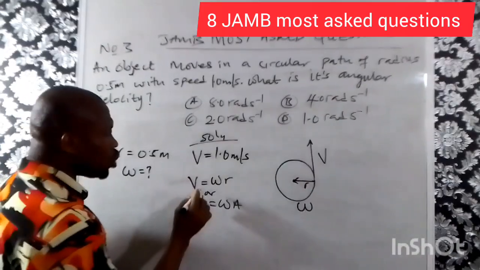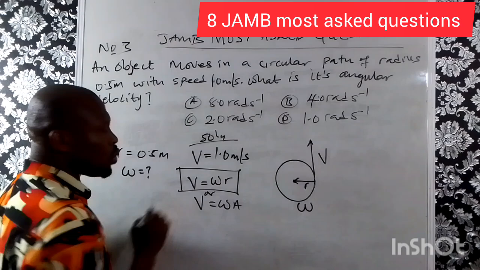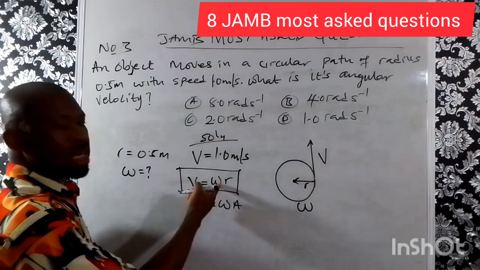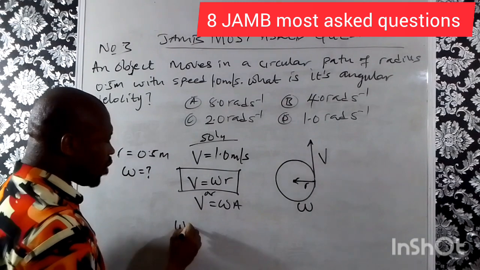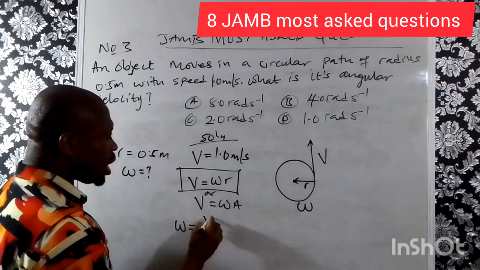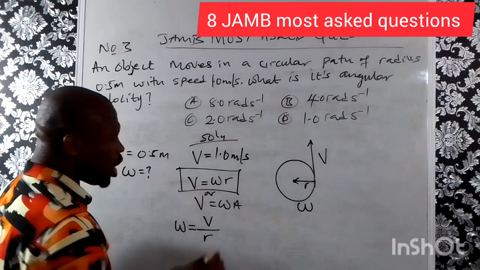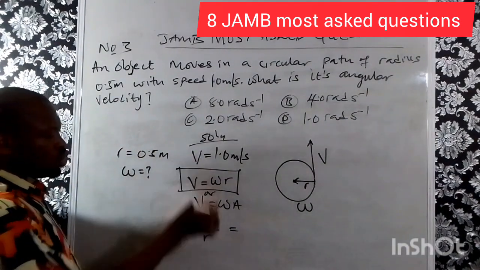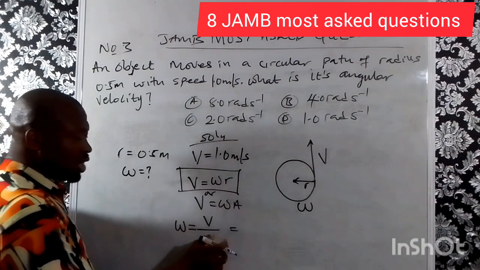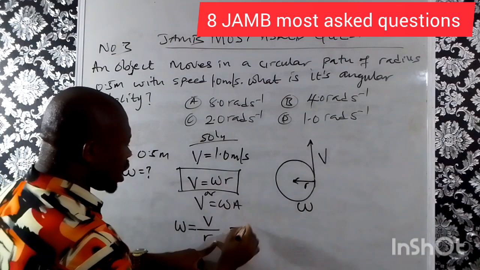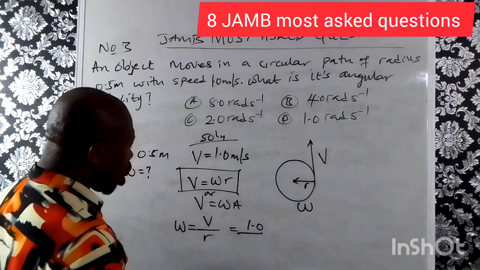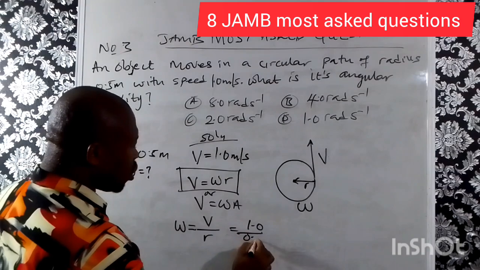So if we use this equation, we make angular velocity the subject. Therefore, angular velocity will give us linear velocity over the radius. If we substitute these two parameters, we have V is 1.0, all over R, R is 0.5.